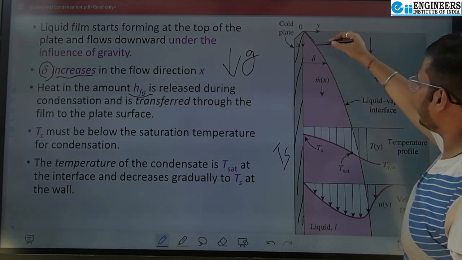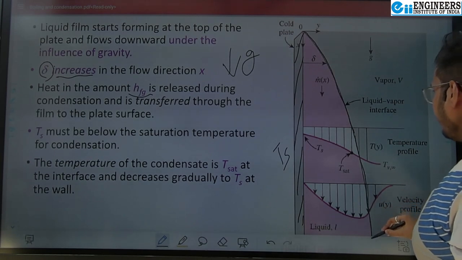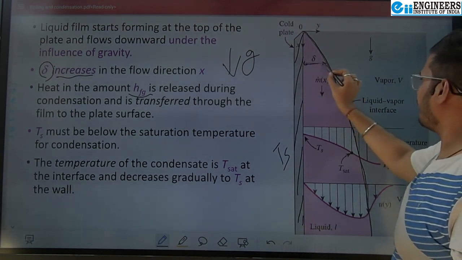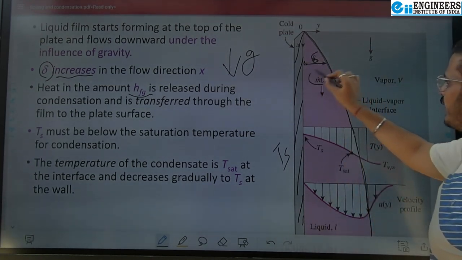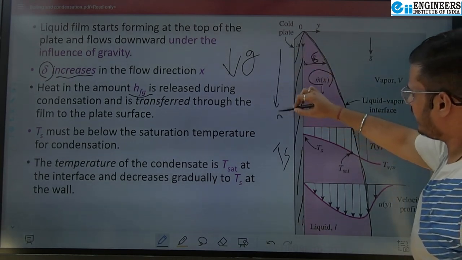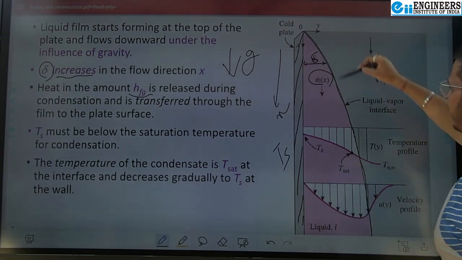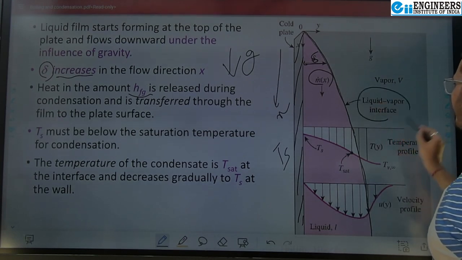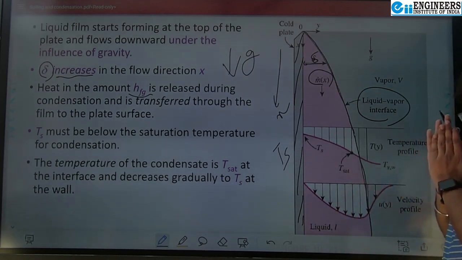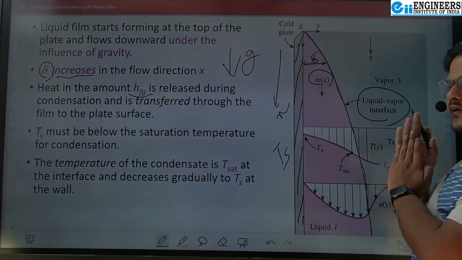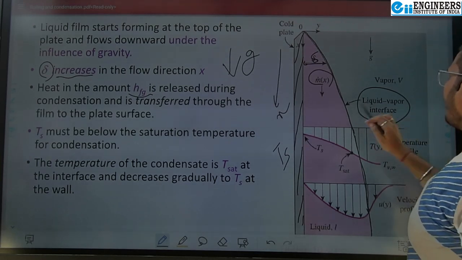Then the condensate that forms starts forming a film in this manner, and the thickness over here is delta. m dot x is the mass flow rate in the x direction, if I consider this to be my x direction. Then this layer is my liquid-vapor interface, where vapor and liquid touch, and from this point the vapor is being transferred to the liquid.